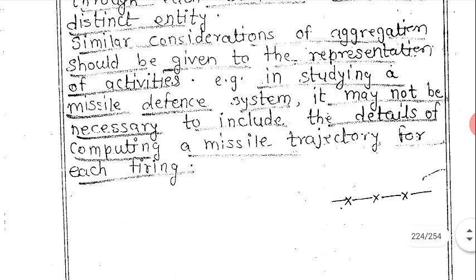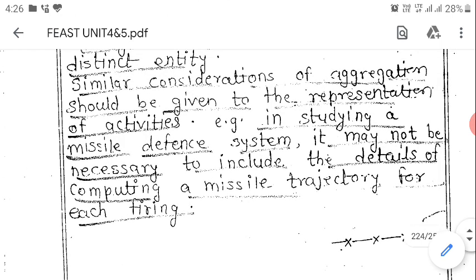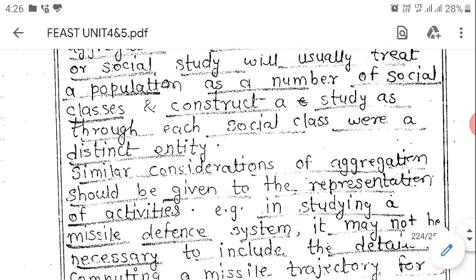If we are studying a missile defense system, it is not necessary to include details regarding computing the missile trajectory for each firing. That is a different part, so we cannot include it in the entities.